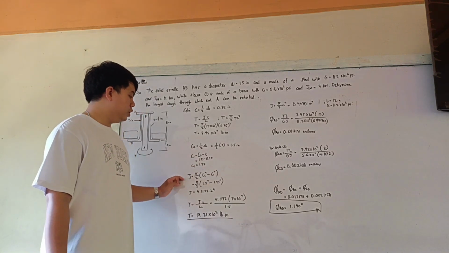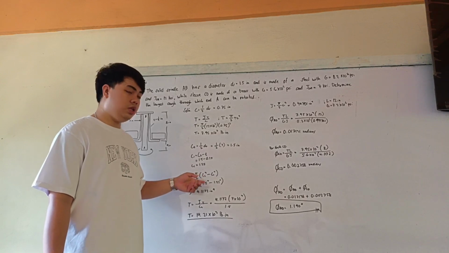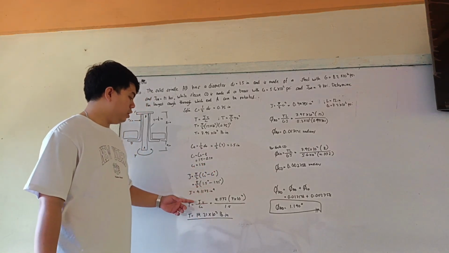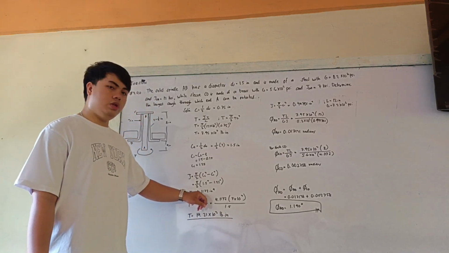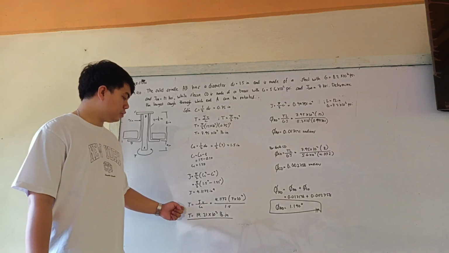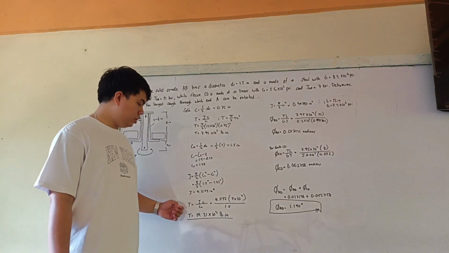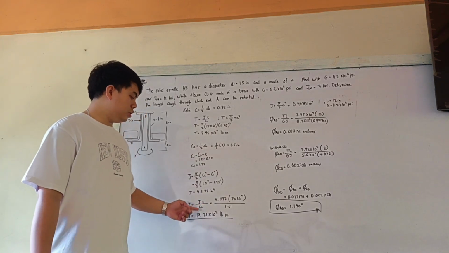So next, J is equal to pi over 2 times C2 to the 4th minus C1 to the 4th. So plugging in the values, we have J is equal to 4.1172 inches to the 4th. Next, solve for T. T is equal to J times the stress over C2.